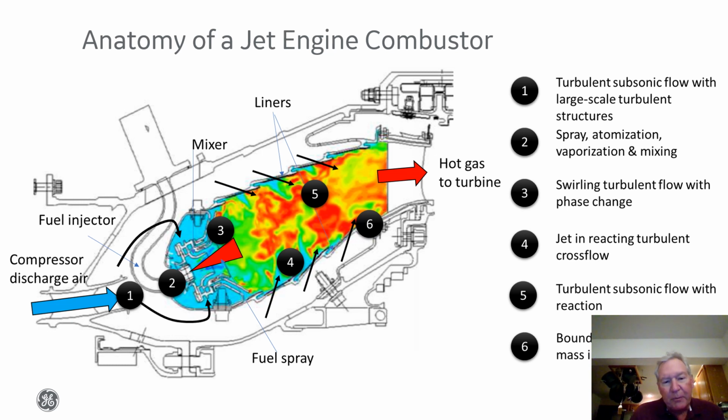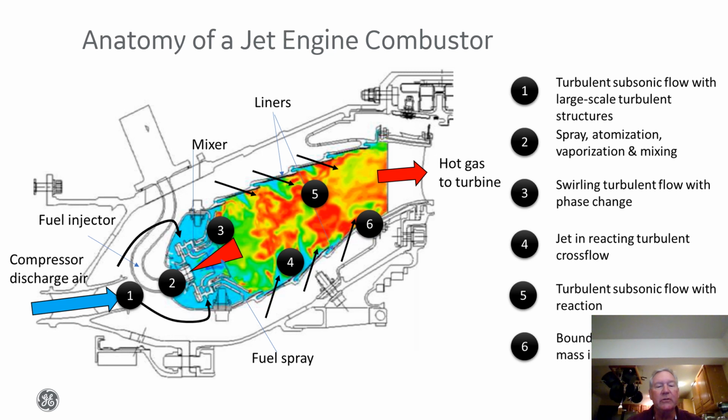But the purpose of this slide really is to give you an appreciation of the different flow physics that occur in this engine or in this combustion system, and where we have to pay attention to different physical processes. So I'll walk through quickly. The compressor discharge air is coming into this combustion chamber from the left-hand side. We have turbulent flow with large-scale structures being shed.